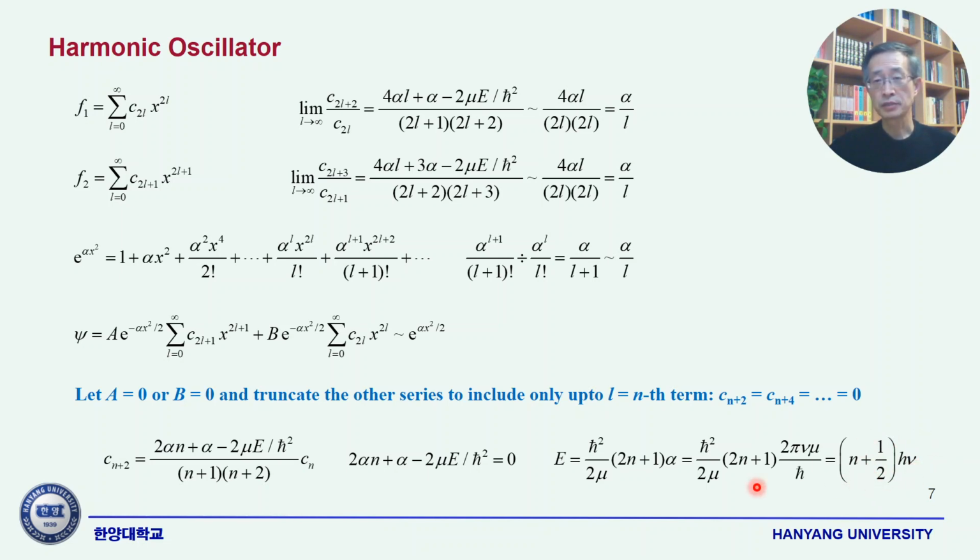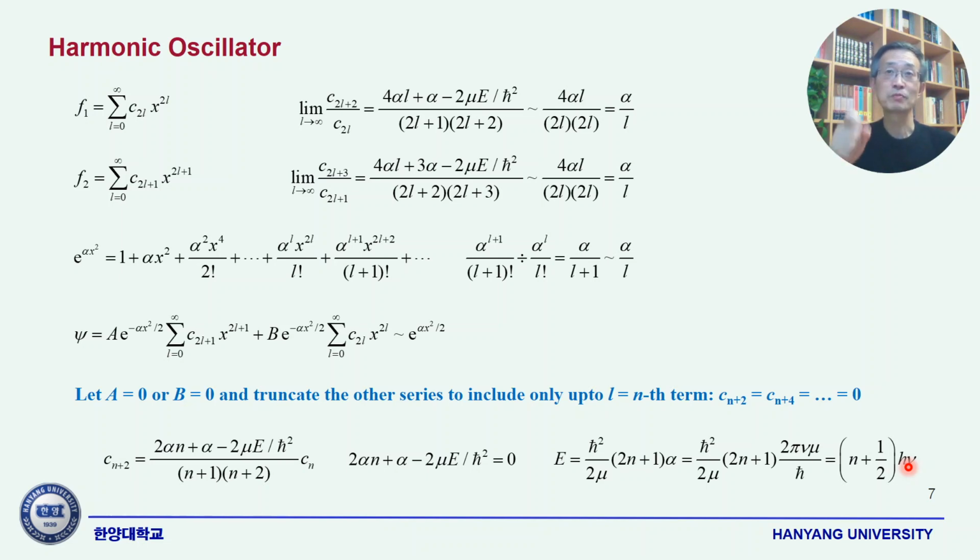Here the energy is given with a number n, which is 0, 1, 2, 3, all integers. So your energy is 1/2 h nu, 3/2 h nu, 5/2 h nu, just like that. Energy is quantized. The truncation, to make the wave function finite, gives you an integer number that makes your energy quantized.